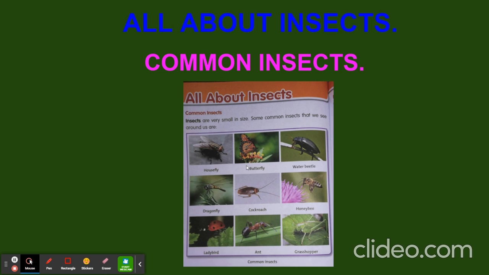We have different body parts, right? In the same way, insects also have different body parts and they are used differently. Like we use our eyes to see, we use our ears to hear. In the same way, we'll see the body parts of an insect and how they are useful to it.